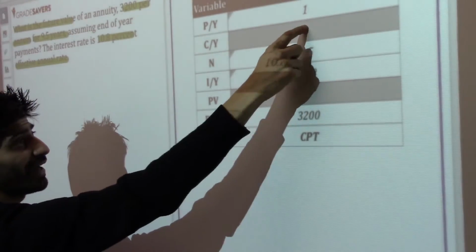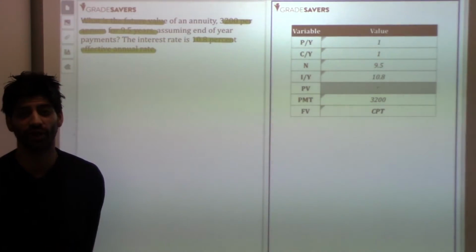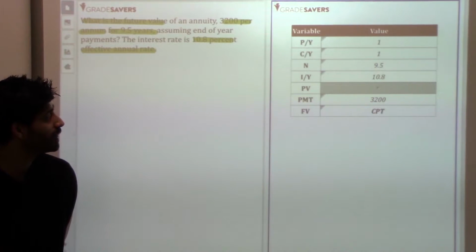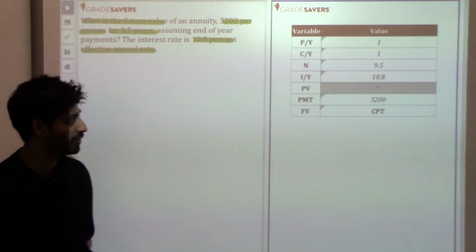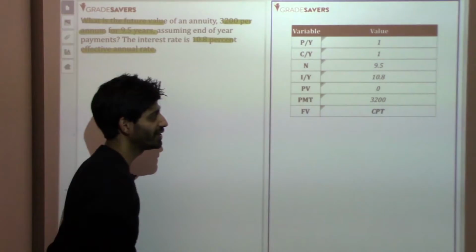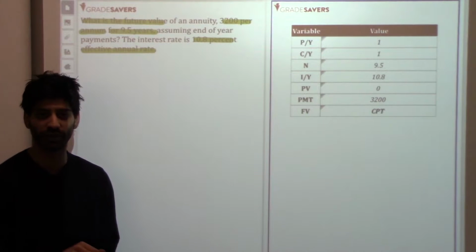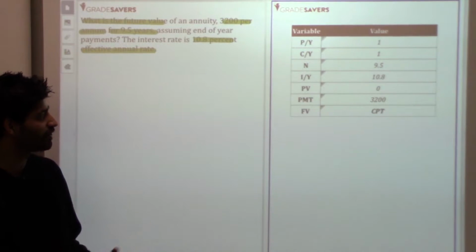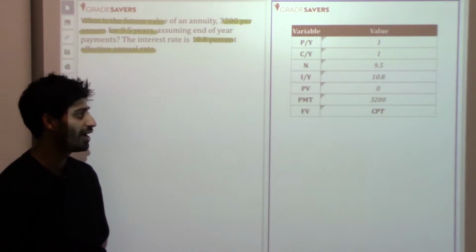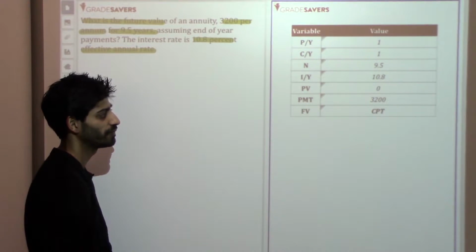And since it's an effective annual rate, we know that compounds per year are going to be 1. Since there's no present value, we're going to assign a PV of 0. Or when we're using the finance calculators, we're simply going to remember to clear the calculator so that any variables that are not being used have a value of 0 assigned to them as a default.